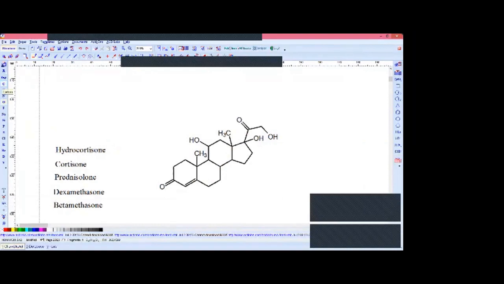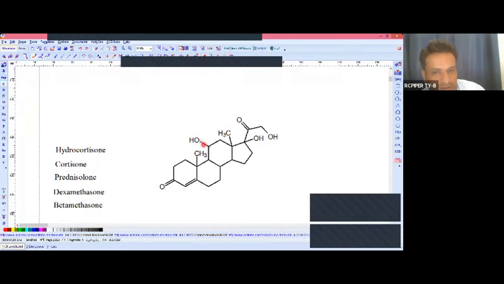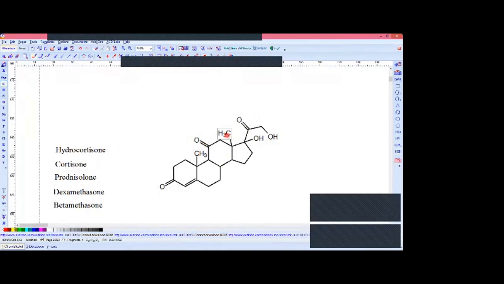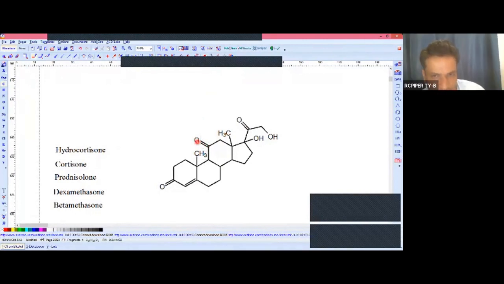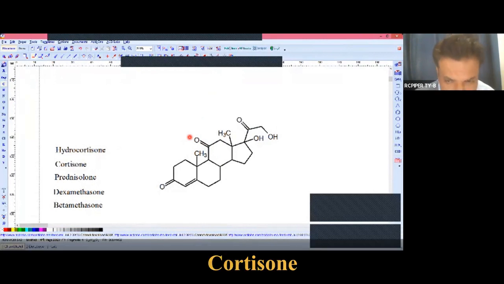If you convert the C11 hydroxyl group into a carbonyl, oxidized to carbonyl, then that structure is called cortisone.